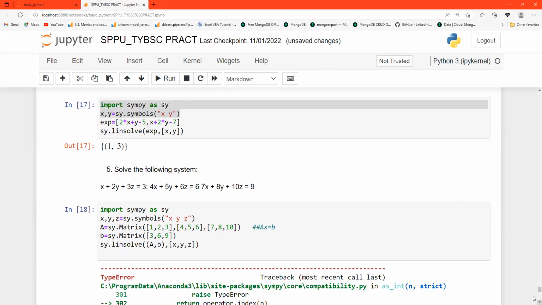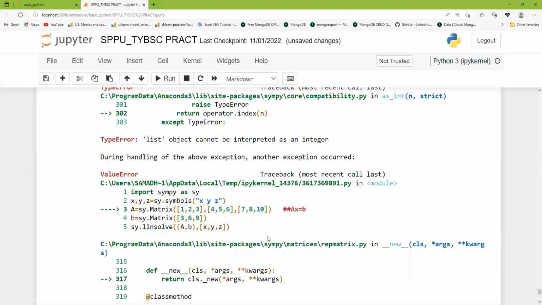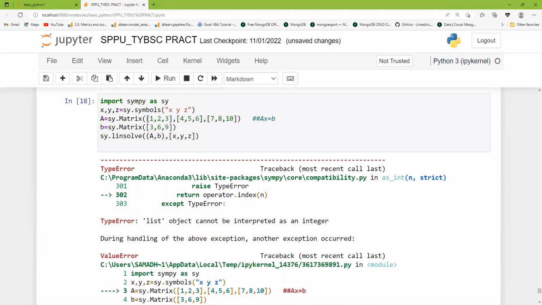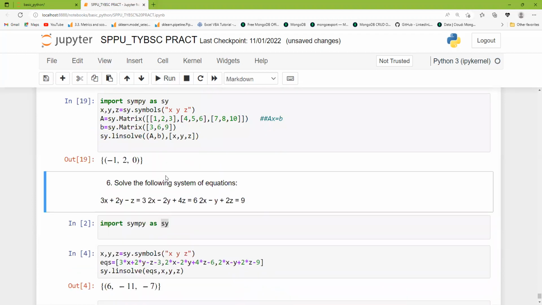One second. Here I have to give the double square bracket, that's why it was giving an error. Now let's run it. So it will give me the solution: x is equal to -1, y is equal to 2, and z is equal to 0.